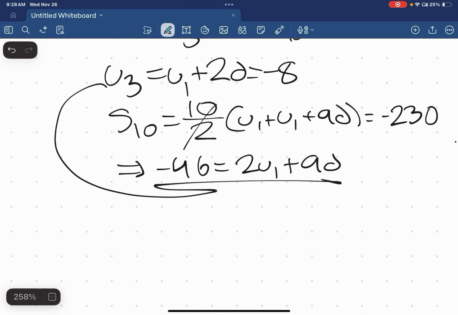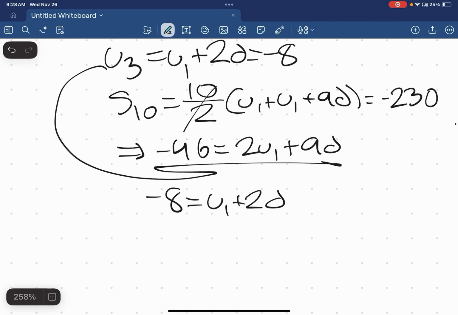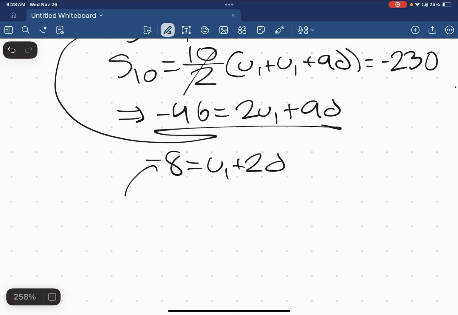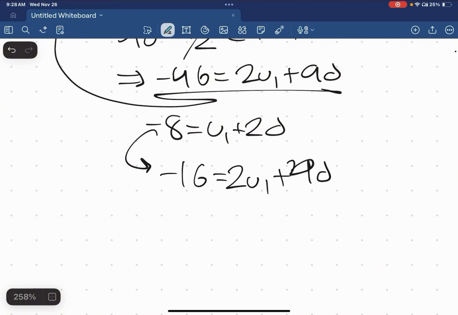But we do need to multiply our u3 equation so we can take out the 2u1 from it. But let's first just write it down right here. -8 is equal to u1 plus 2d. And multiplying by 2 on each side, we get -16 is equal to 2u1 plus 4d. And then from there, we're going to subtract it from this bottom equation.